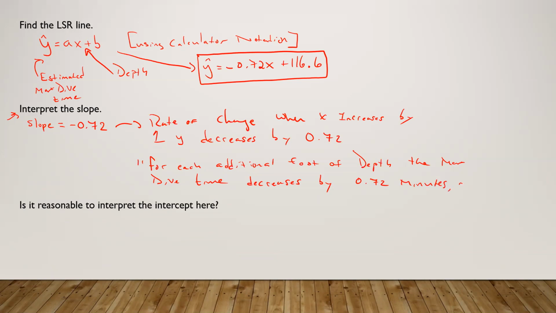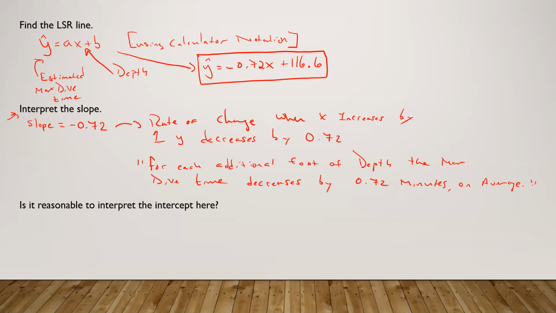And this is on average. So basically what I'm saying is, look, every additional foot you want to go down, you lose 0.72 minutes. That's the interpretation of the slope here.